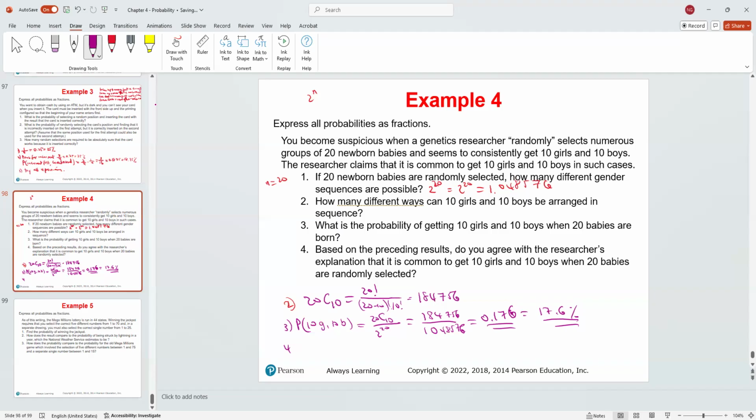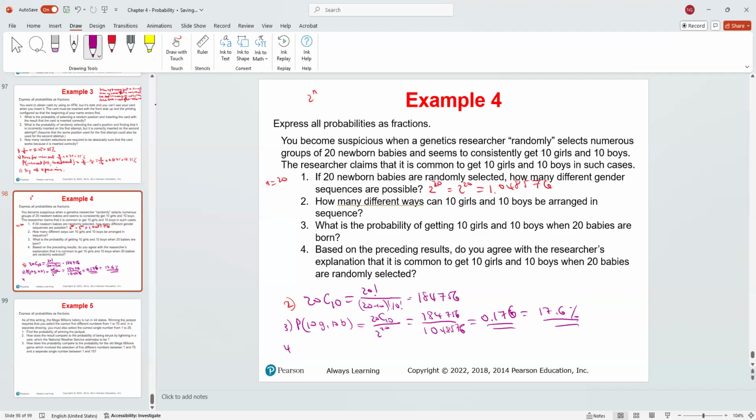Sometimes you might have 9 boys and 10 girls, 11 girls, or 12 girls, like 8 boys. So it's not unlikely, but it's also not typical. The most probable single outcome is 10 girls and 10 boys, but it is still just one of many different outcomes.